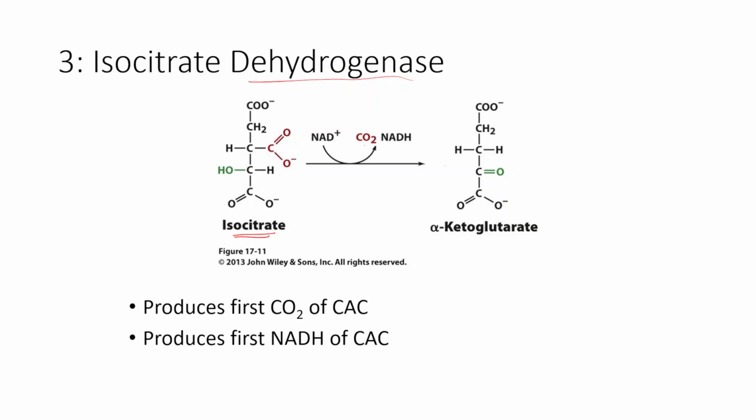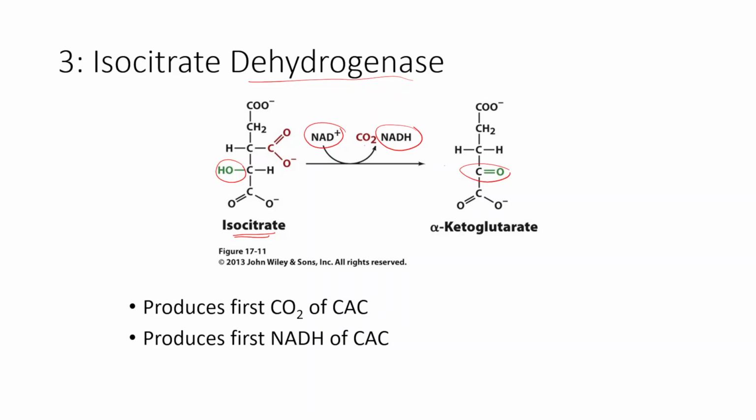So we are going to do a couple of things. We're going to reduce an electron carrier, so as you see, NAD+ is reduced to NADH. This is accompanied by an oxidation of our isocitrate molecule. You see this hydroxyl group highlighted in green is oxidized to a ketone.